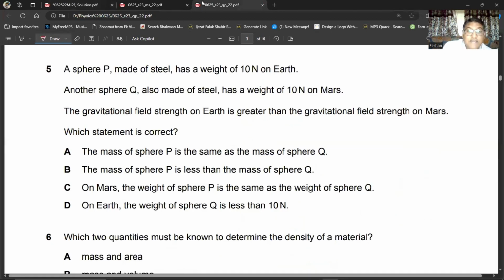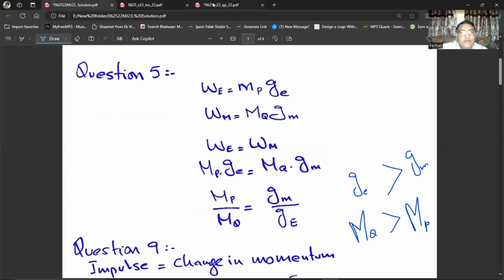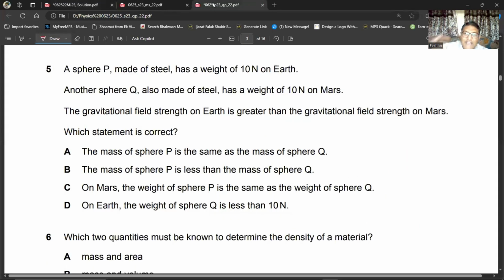Very technical, very mathematical. The mass of the sphere P is the same as the mass of the sphere Q? No, the mass of the sphere P is less than the mass of Q. This is what we have concluded there. The mass of P is smaller than the mass of Q. On Mars, the weight of the sphere P is the same as, no, if you take both the bodies to Mars, their weights will not be equal to each other.